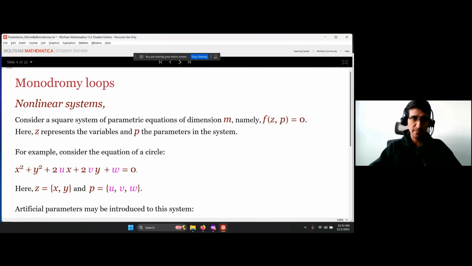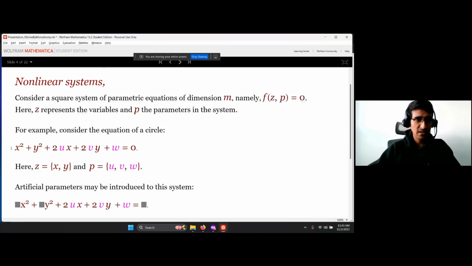You conduct these loops in the parameter space and study how the corresponding roots change as you do this, and how these permutations evolve. And here I have given an algebraic description. F(z, p) is equal to 0. F is the system of equations, a square system, where the dimension of F is the same as the dimension of z, and p is a parameter space associated with the system.